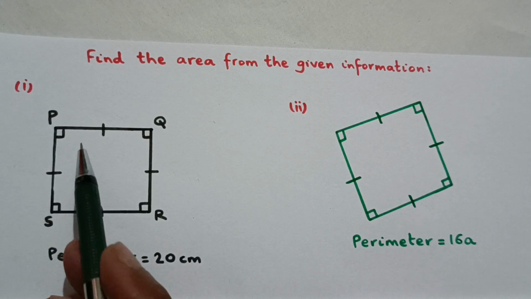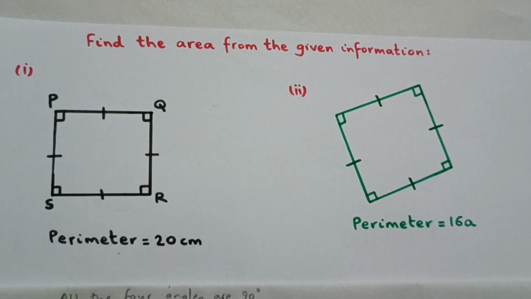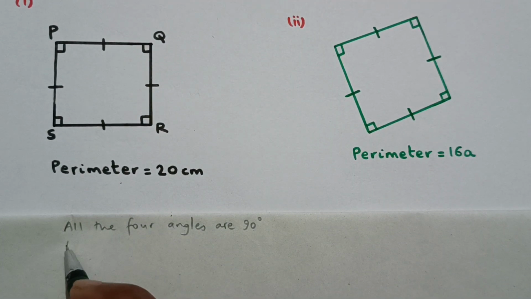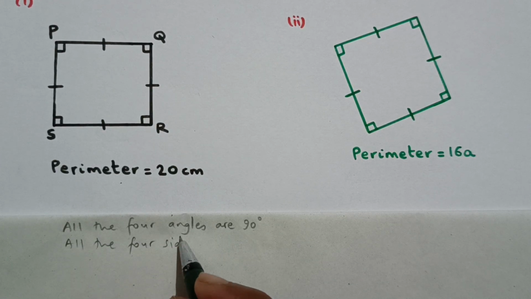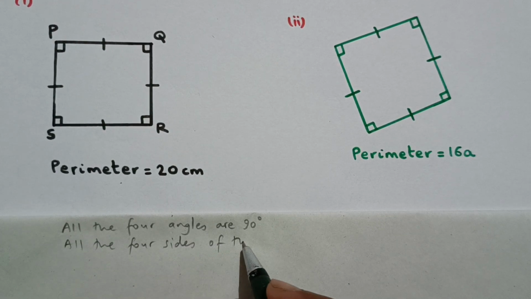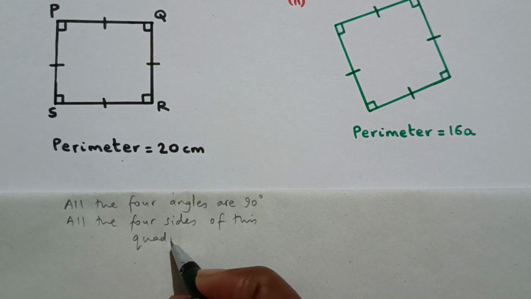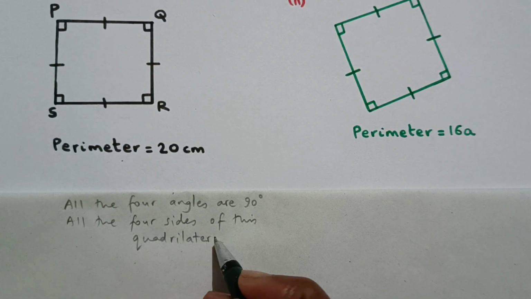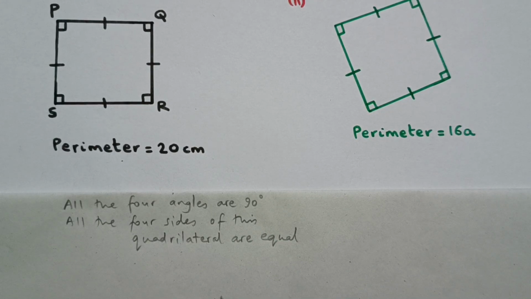So all the four sides of this quadrilateral are equal. So these are my two observations.